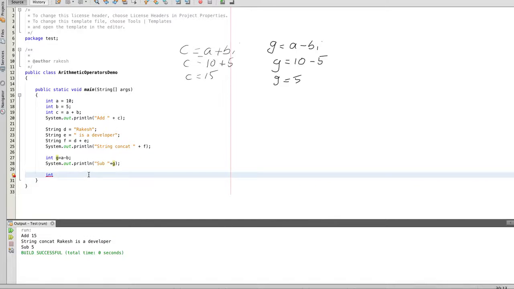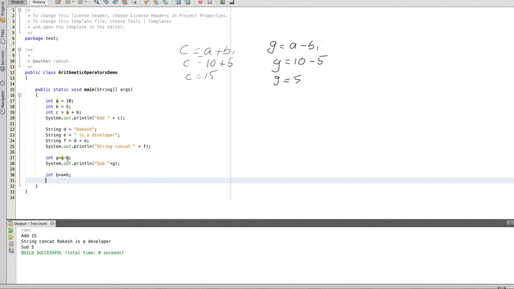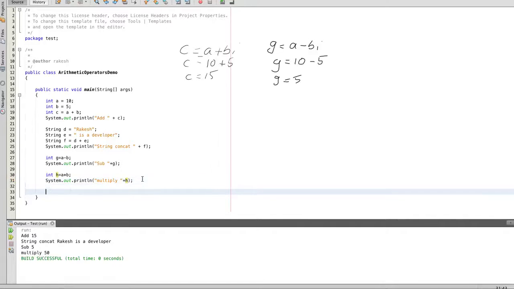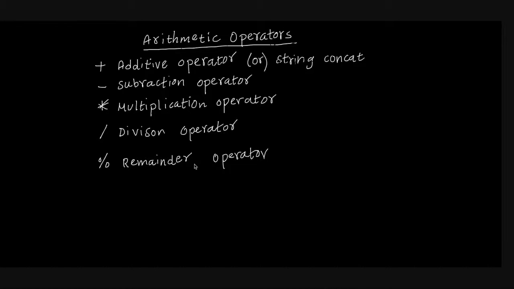So for example, a star b means it will multiply the values of a and b and then set the result to the variable h, which in this case is 10 into 5, 50. If you run the program, you could see the output multiply 50, and then we are going to see another operator called the division operator.